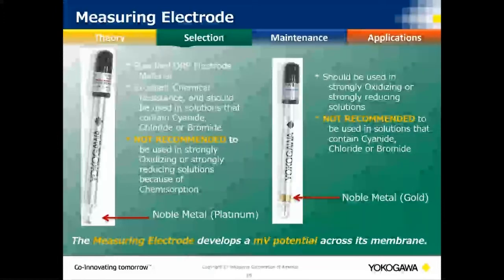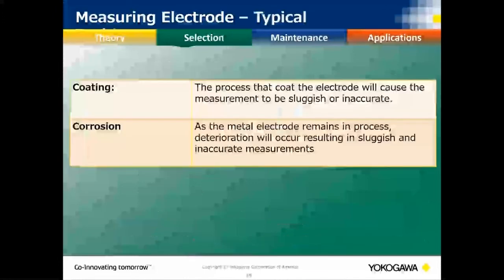I always pronounce it wrong, so I had to pull out my spelling of it. Basically, in strongly oxidizing solutions, oxygen actually bonds to the surface of the noble metal. So in those types of applications, it can bond with the noble metal, essentially the same thing as plugging your reference junction. You're plugging your platinum measuring electrode. So in some cases, gold will be beneficial, but normally most manufacturers have standardized on the platinum element.